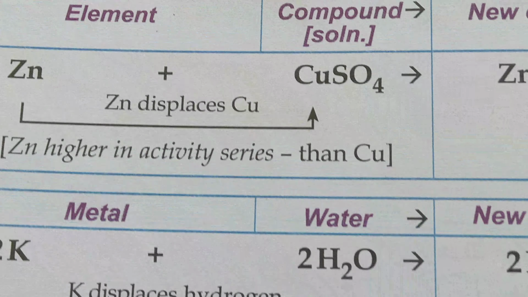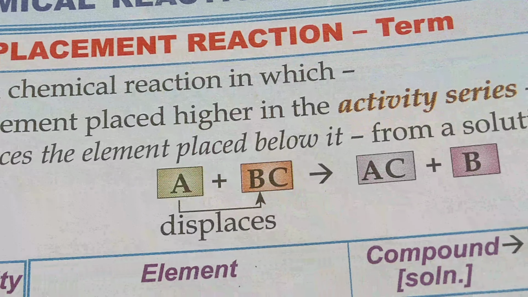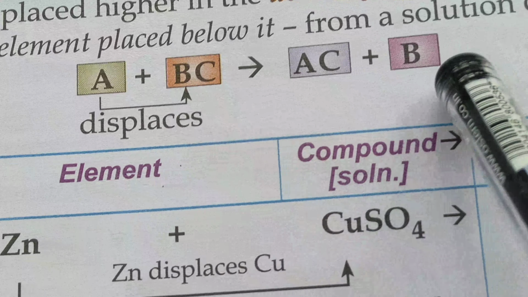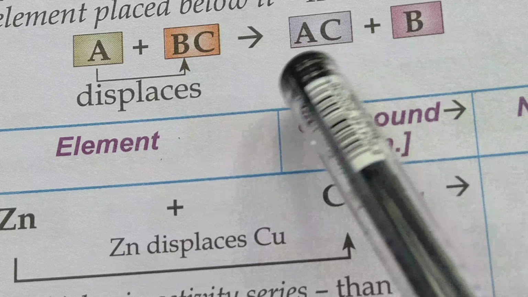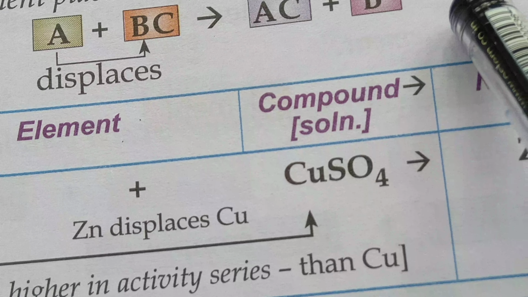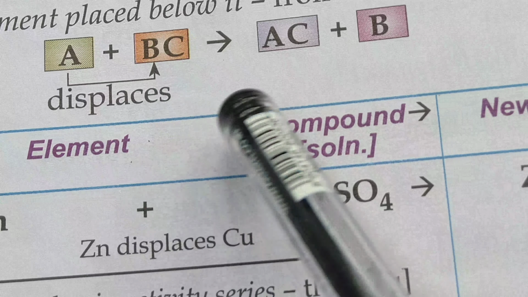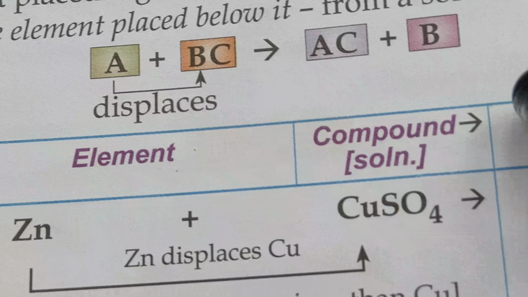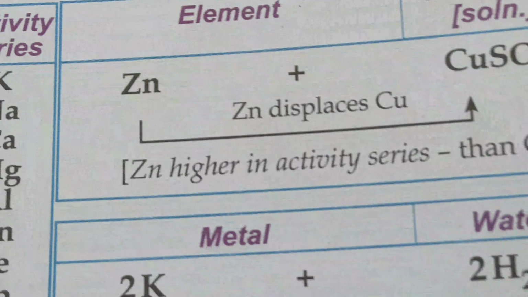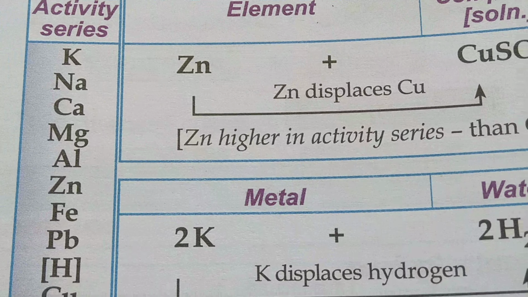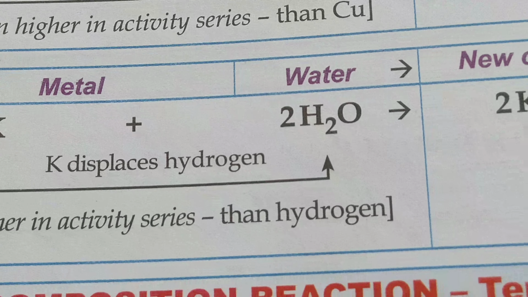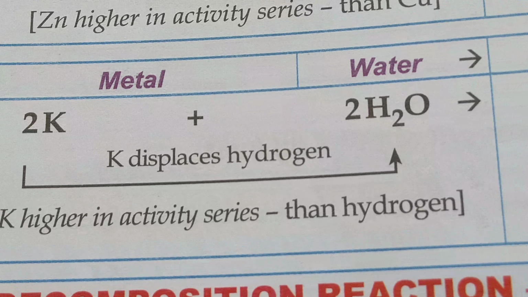So what is the displacement reaction? In a displacement reaction, basically the reactants change their places according to their activity. A metal that is higher in the activity series displaces the one below it. Just look at this example. So students, hope all of you understood what I've discussed in this video. So for today, up to this portion.